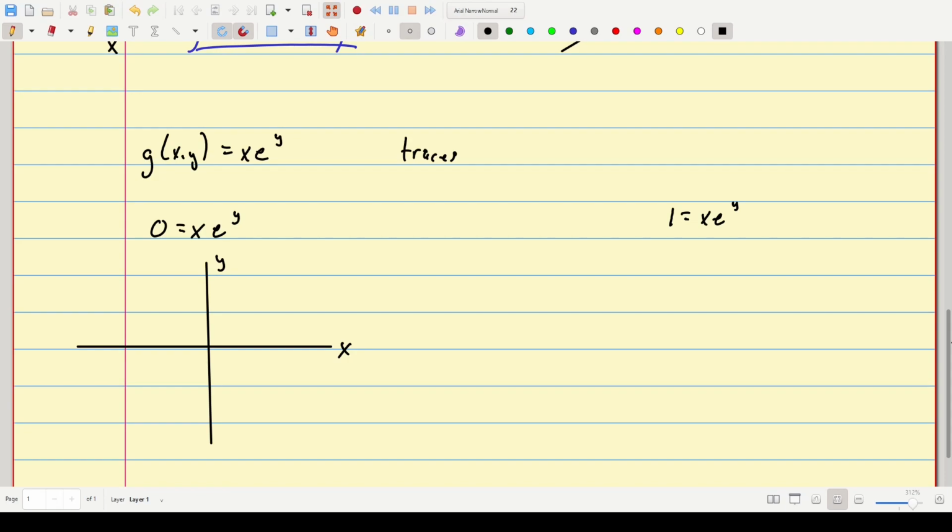If z is equal to 0, what I want to do is rewrite this in terms of a function of x or y, right? Problem is, e to the y is never equal to 0. So the only way that's equal to 0 is if x is equal to 0, right?